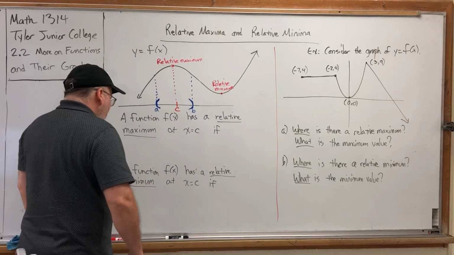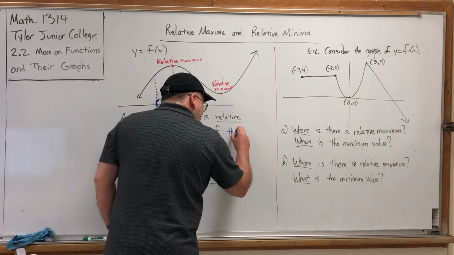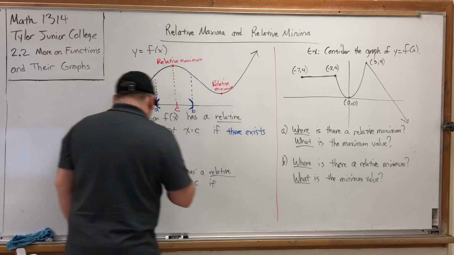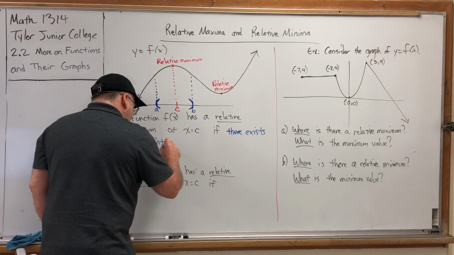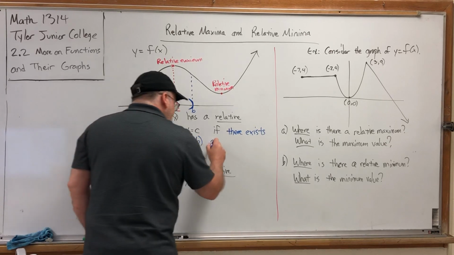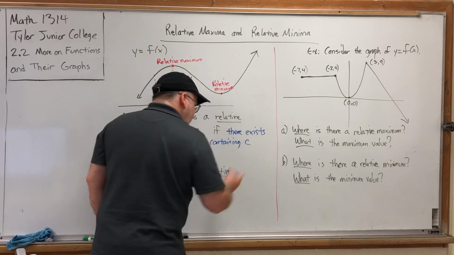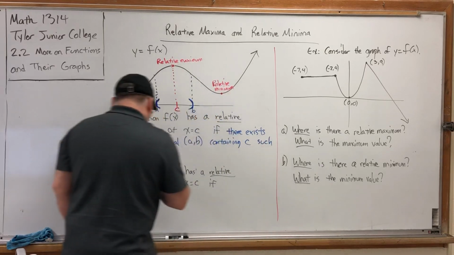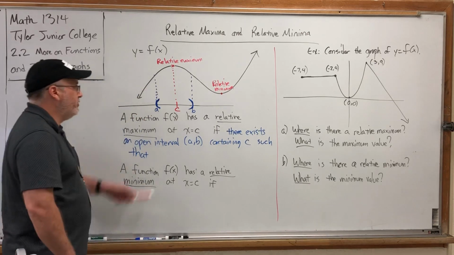So a function has a relative maximum at x equals c if there exists an open interval from A to B containing C such that, what are we saying about the y value at this point?